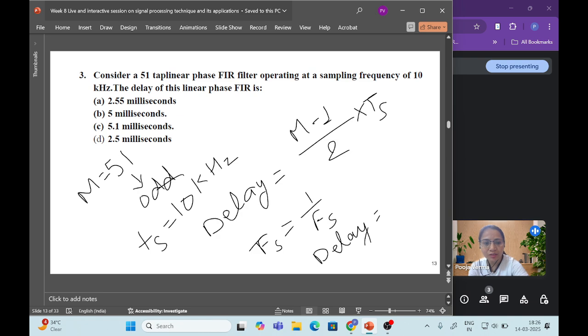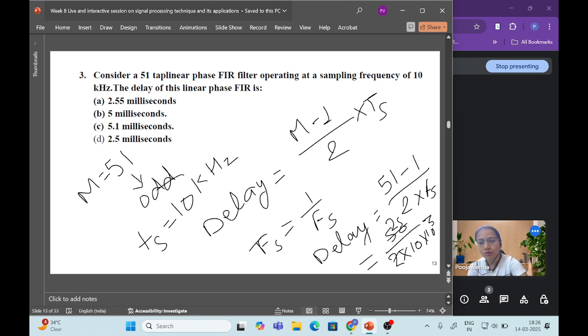M is given, that is 51. So 51 minus 1 divided by 2, times Ts, which is 1 by Fs. If you put the value of Fs, 50 divided by 2, and Fs is 10 kilohertz, 10 to the power 3, right? So 25.